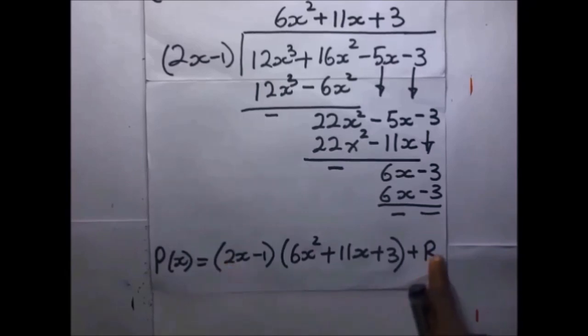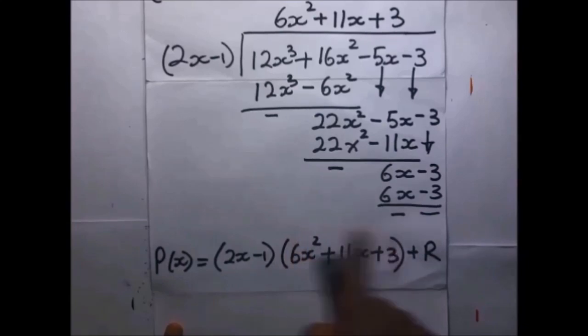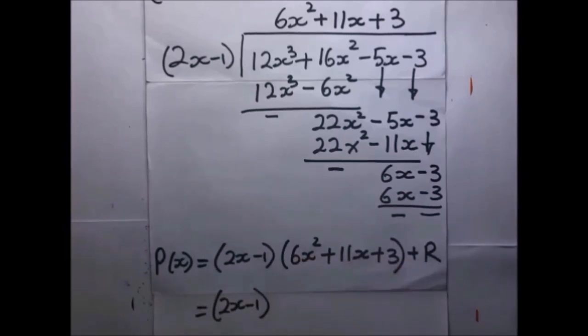So since we factorize this further, this is going to be 2x minus 1. We factorize this quadratic expression. Factorizing that quadratic expression, we're supposed to get two numbers that, when we add them up, give us positive 11, and when we multiply them, give us 6 times 3, which is 18.